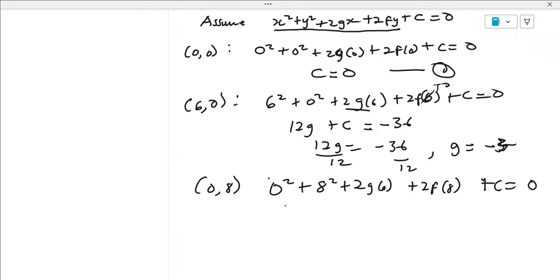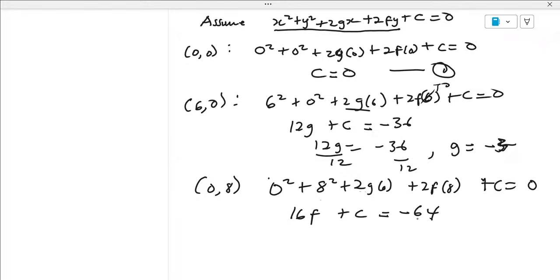Now, if I simplify this, I'm going to have 64. Then this one will give me 0. This one will give me 16f plus c is equal to negative 64.